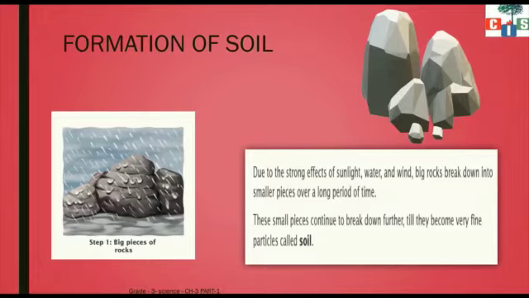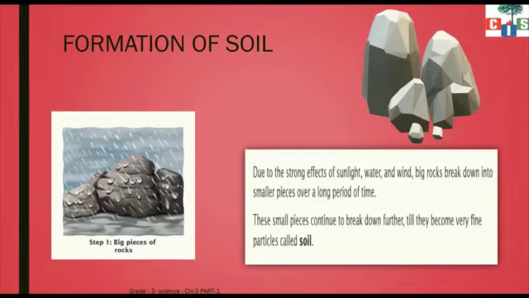Because of the effect of the natural things present in the environment, the rocks will break down into smaller pieces. But this process is not a small process. It is a very big process and it takes a lot of time. It takes a long period of time, and it is also a slow process.